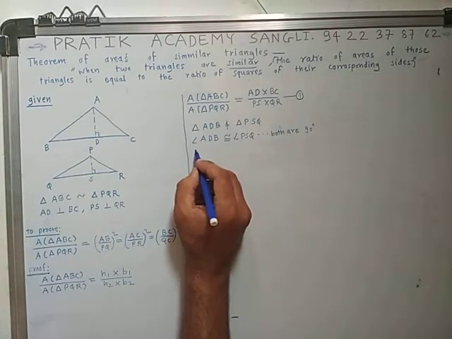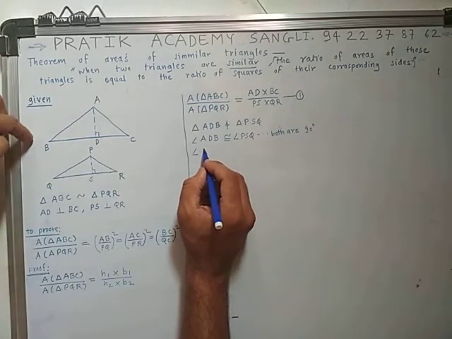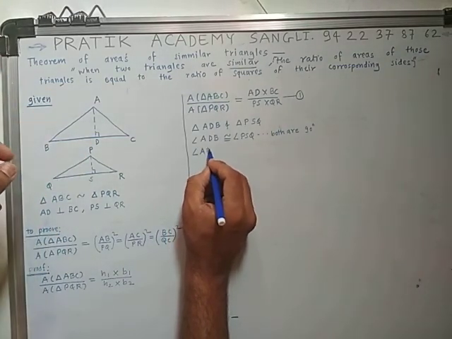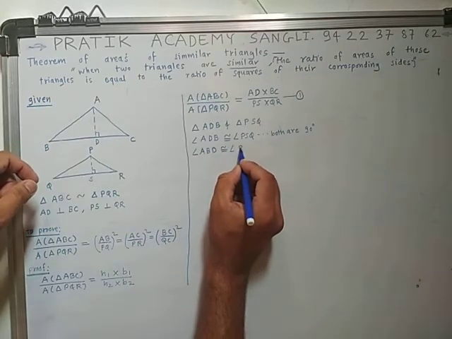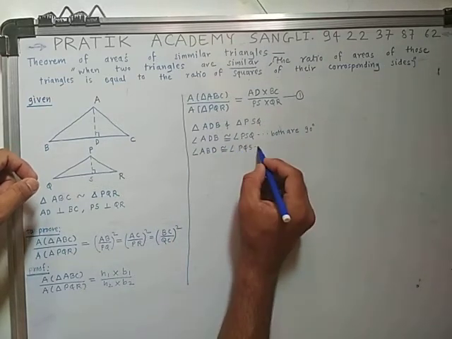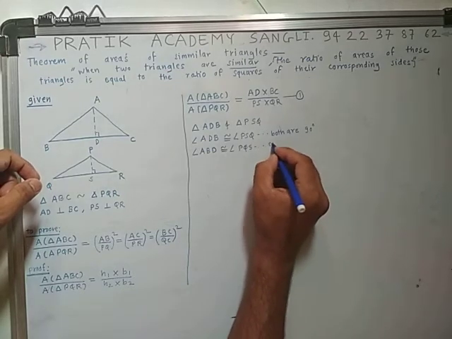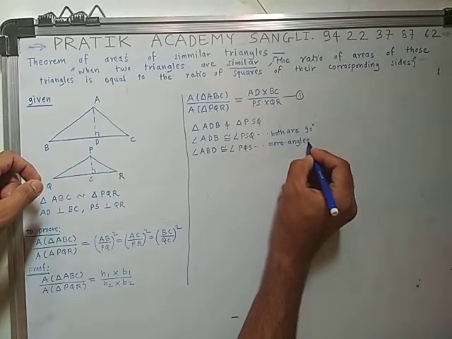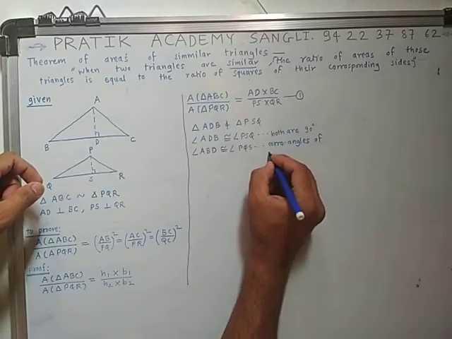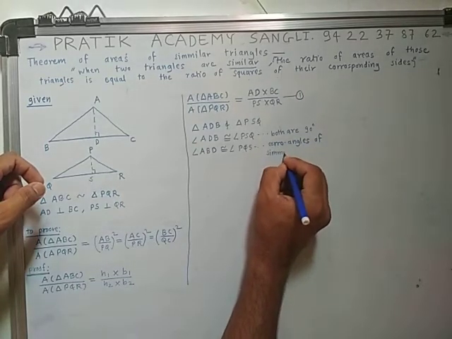Therefore we can write angle ABD is congruent to angle PQS because they are corresponding angles of similar triangles.